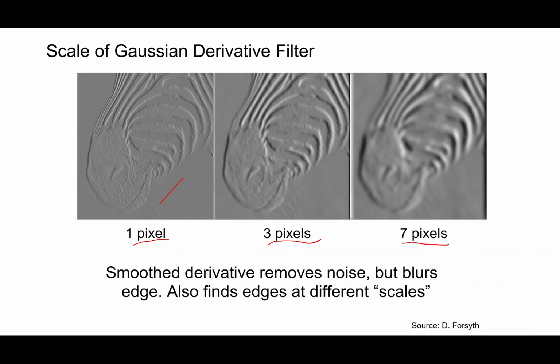So if you have sigma as 1, you respond to small scale changes, and when sigma is 7, you can see large structures that correspond to sharp transitions get emphasized. Smooth derivative removes noise but blurs edges, also finds edges at different scales. So the concept of the scale we can relate to the sigma of the Gaussian.